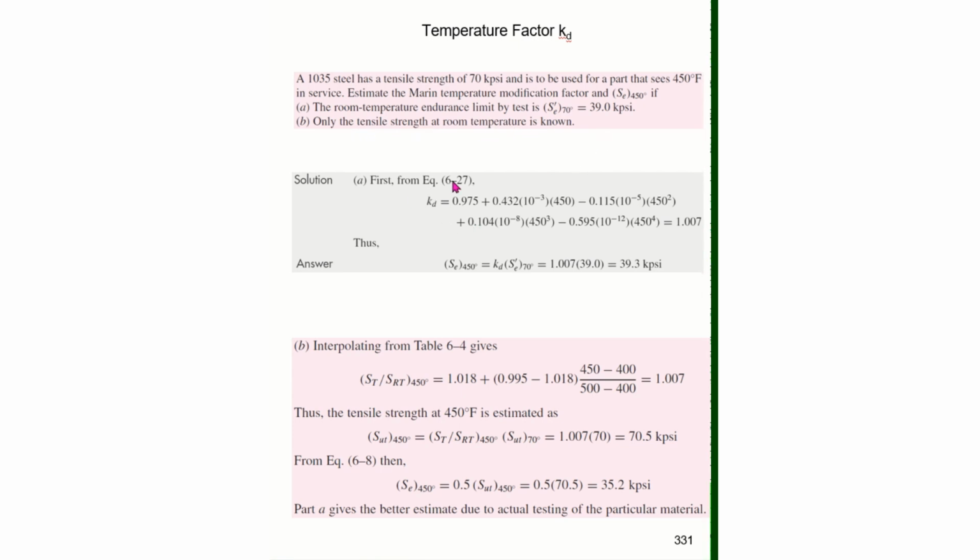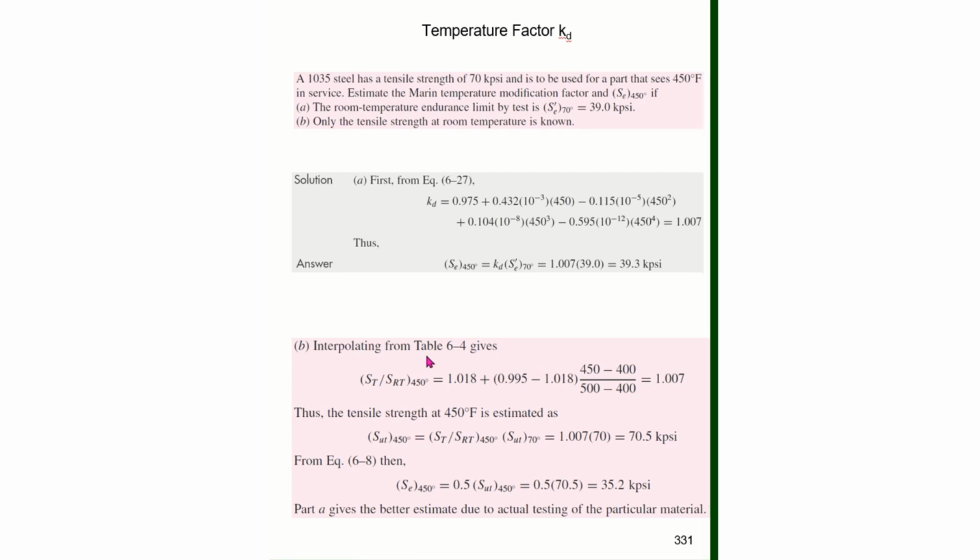So from equation 6.27, we can compute Kd, and Kd turns out to be 1.007. Thus, to modify the endurance limit at 450, we simply go to 1.007 and multiply that by the 39 to get 39.3 kpsi.